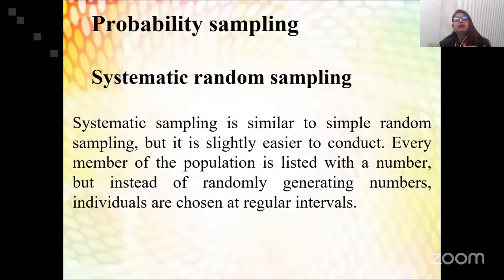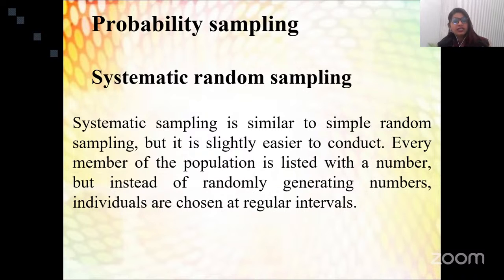But in simple random sampling, we use a random number generator to pick the respondent. But here in systematic, we are not going to use a random number generator. Here we have to find the respondents chosen at regular intervals. We pick every nth number.